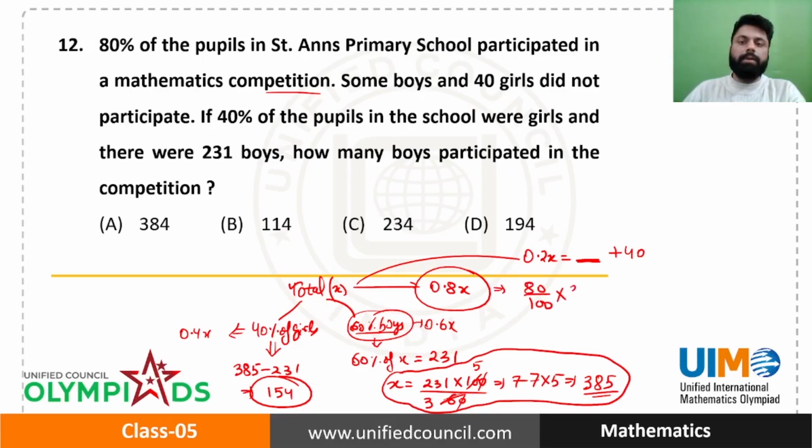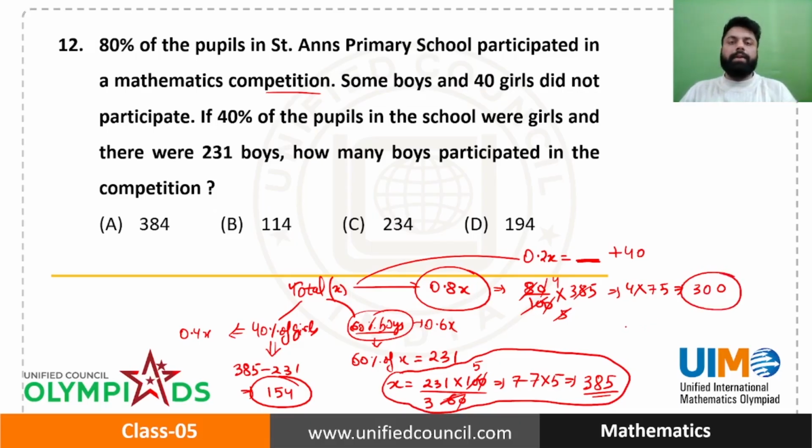Now 80% participated, so the number of students who participated is 80 upon 100 multiplied by 385. 0 will get cancelled out. This is 4, this is 5, then 385 multiplied by 4, divided by 5.